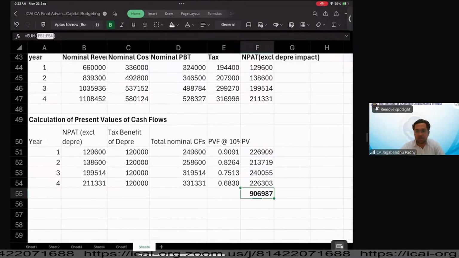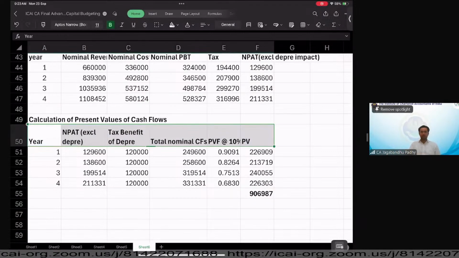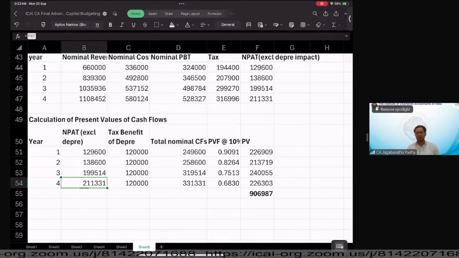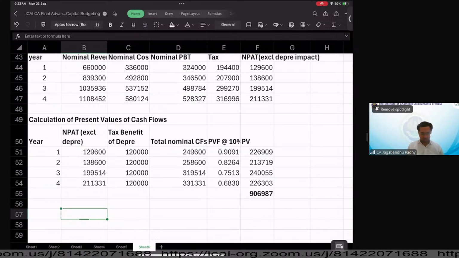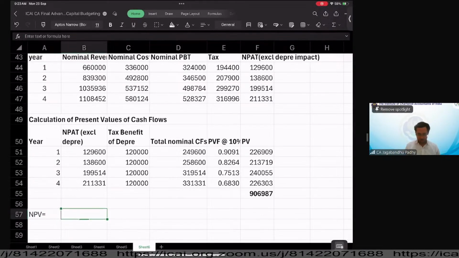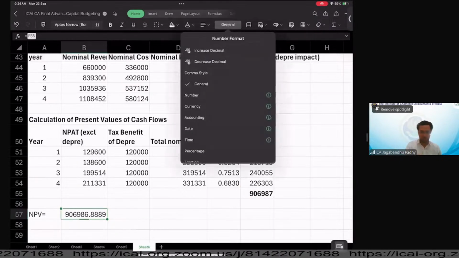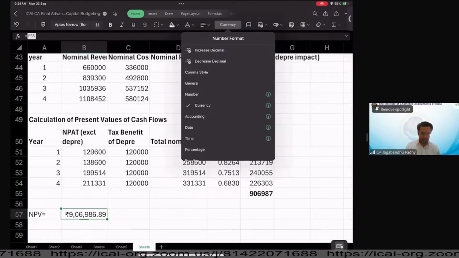So in present value terms, we are getting it as 9,06,987. Some rounding error is expected, so your numbers may be somewhat different from this. Some marginal differences are possible. So finally, when we want to compute the NPV, 906 is the present value of cash inflows.